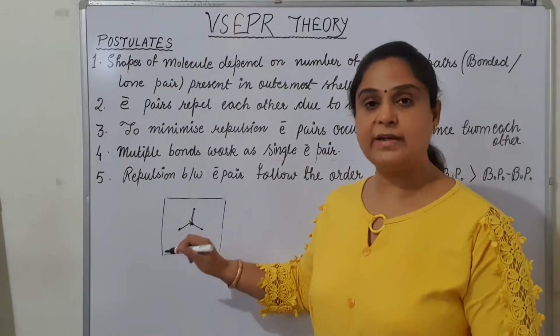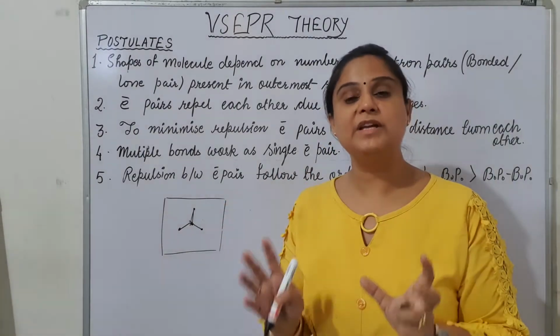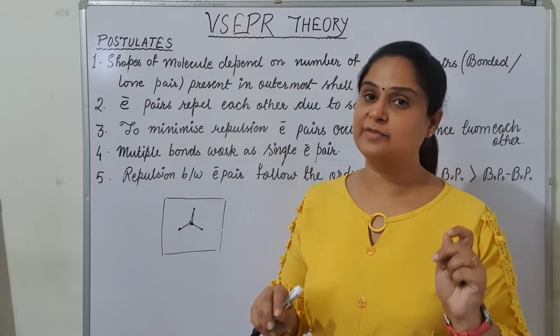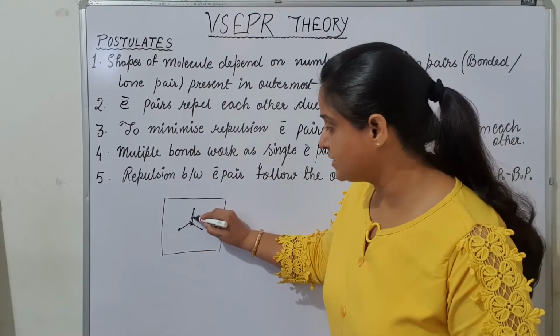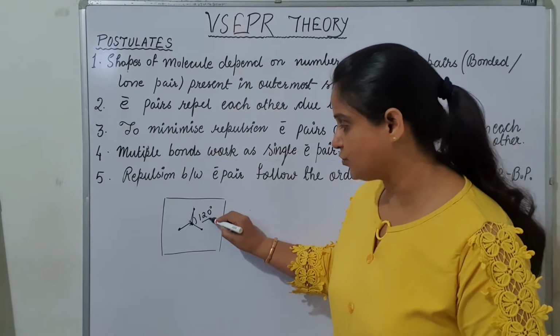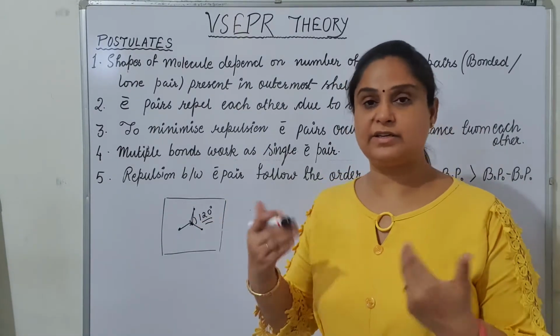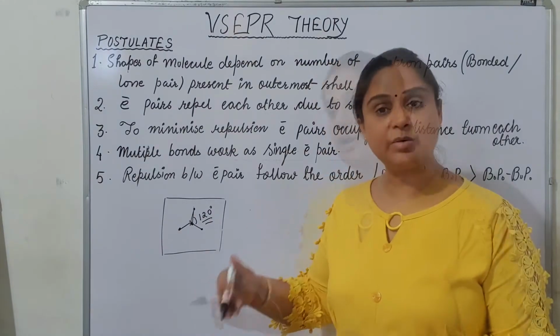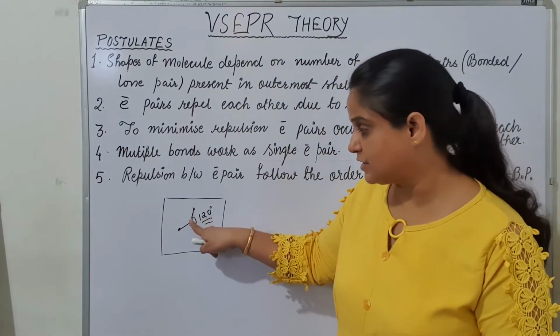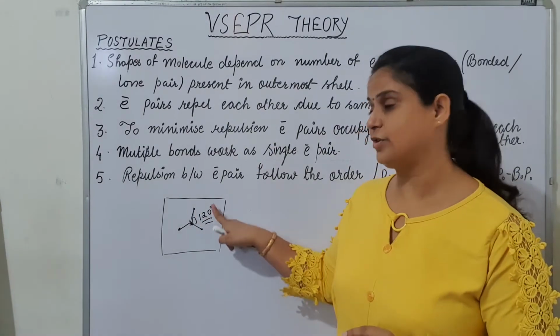And the only way by which 3 atoms can be separated from each other with the maximum distance and the very best angle is this. The angle between atom and atom is 120 degrees. Each atom will arrange itself at a 120 degree angle. Now the repulsive forces between this bond pair and this bond pair will be minimum with this particular 120 degree angle.